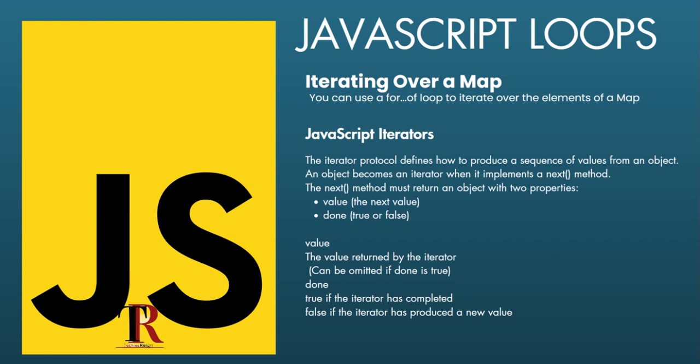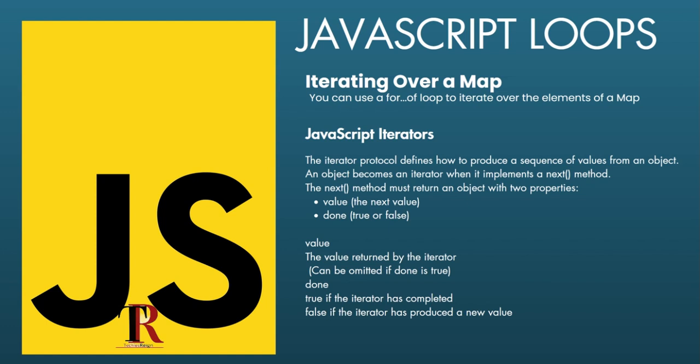Now, what is the value that is expected to be returned, or that is expected to be the number one property of an object? The value returned by the iterator can be omitted if done is true, which means that out of these two properties, one can be omitted if the other one is present. Now, done is true if the iterator has completed, false if the iterator has produced a new value.